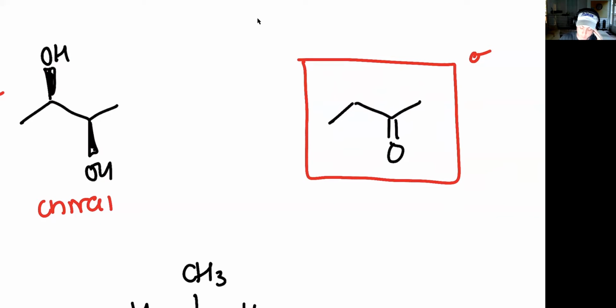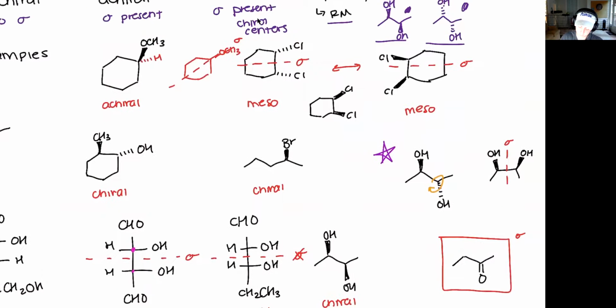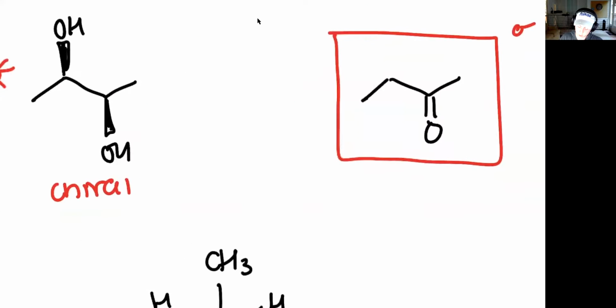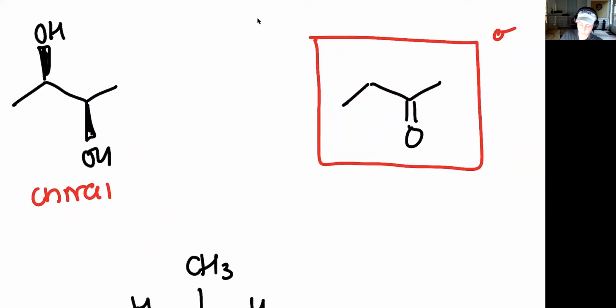Now, at least for me, I struggled with this, and it may sound dumb, but if we have something like a chlorine, I used to not want to put a symmetry plane here because there's a C and an L. We need to remember that these are spherical atoms, so it's going to be something like a ball that represents chlorine.